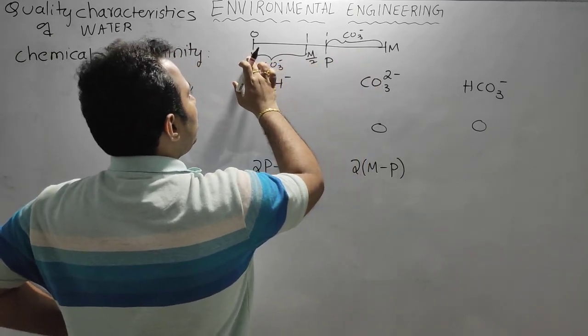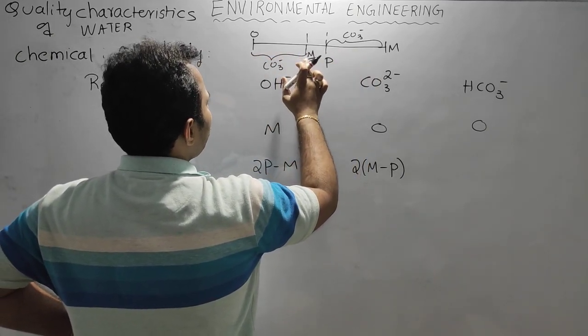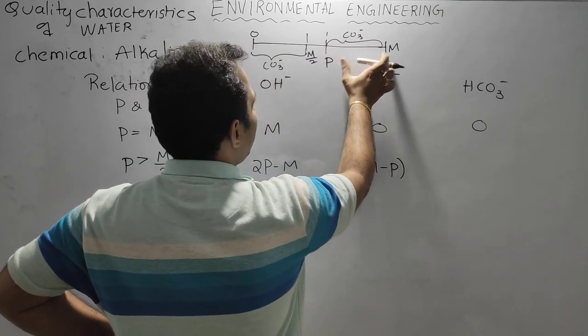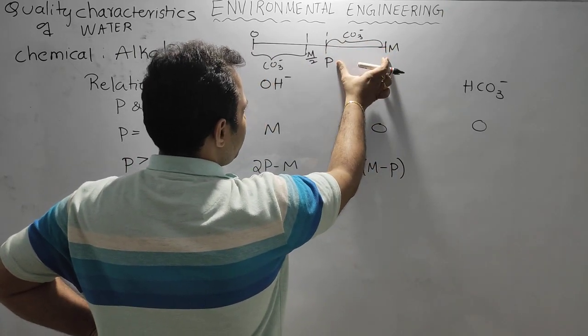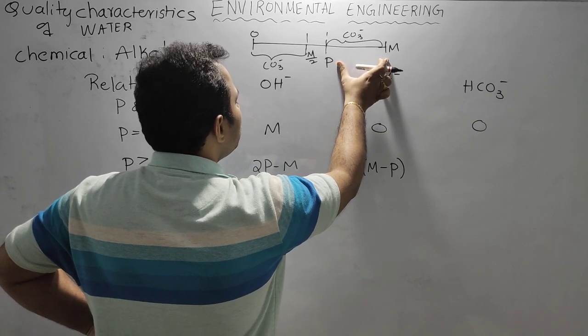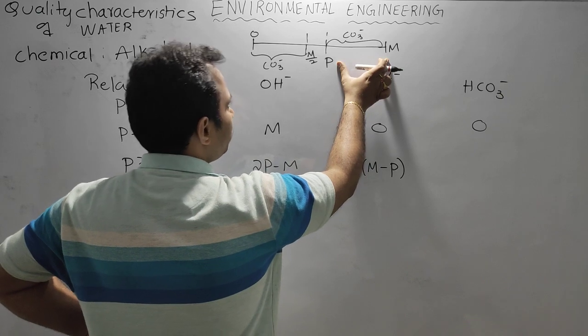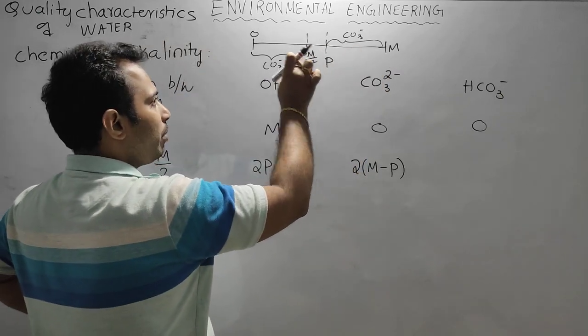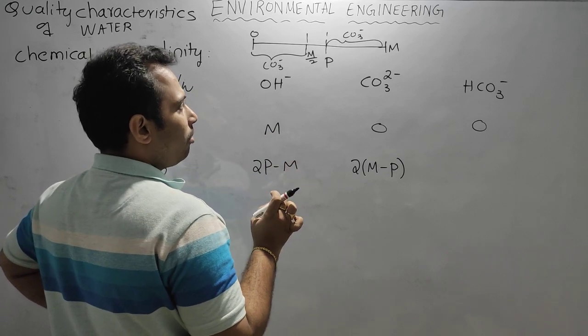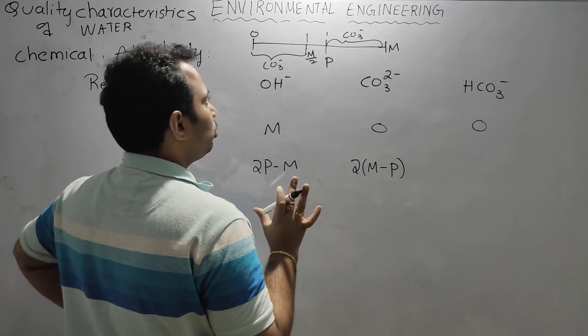Similarly, CO3 2 minus to HCO3, and here HCO3 to H2CO3. So this one we know, M minus P. M minus P is the dosage needed to convert HCO3 to H2CO3. That HCO3 is coming from CO3 2 minus only.